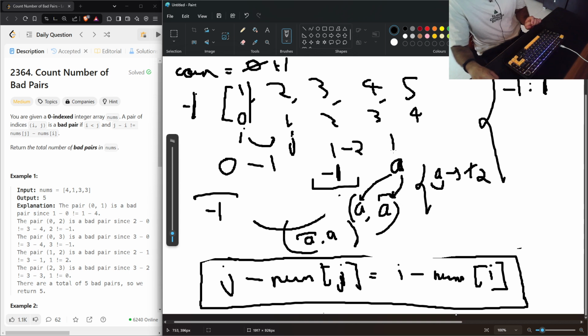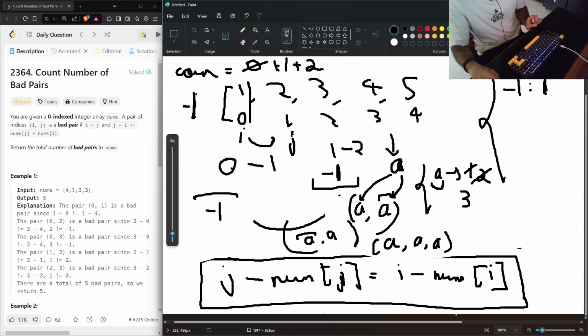The moment we encounter a new a, the count of a that we have so far is 2, so this new a is going to form two more pairs along with the pairs that we already have, which is one. So we do a +2, since it formed two more pairs, and then we update the count of a from 2 to 3. So now we have 3 a's.